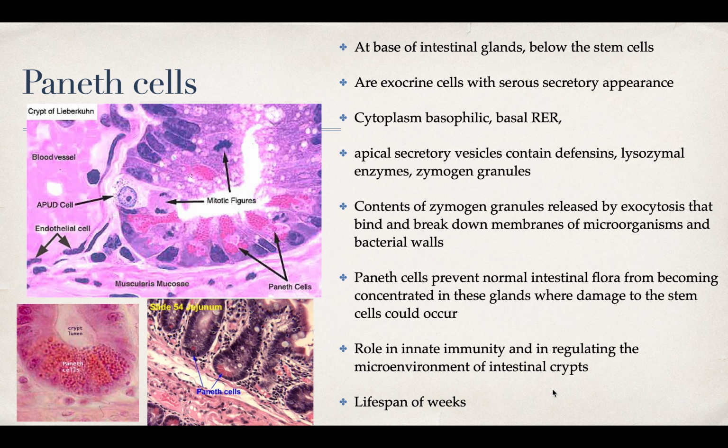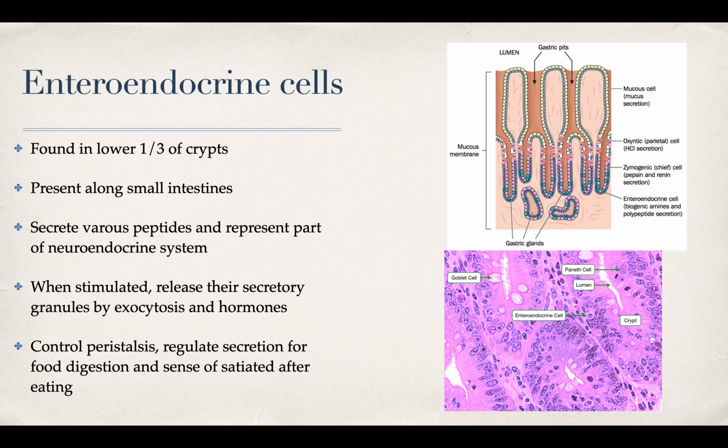They last for weeks. So enteroendocrine cells are going to be found in the lower third of the crypts. They're going to be present all along the small intestine, and they secrete plenty of peptides, and they represent part of the neuroendocrine system.